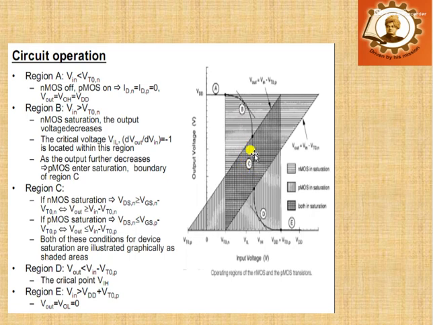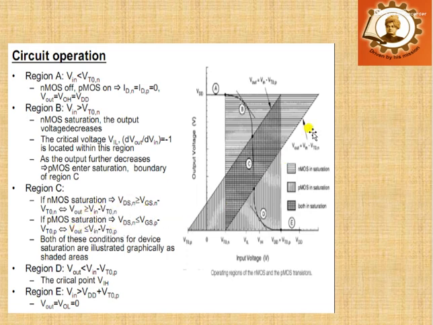In region C, both move into saturation. For NMOS saturation, VDSN is greater than or equal to VGSN minus VTN, that means Vout is greater than or equal to Vin minus VTN. And if PMOS saturates, VDSP is less than or equal to VGSP minus VTP, that means Vout is less than or equal to Vin minus VTP.